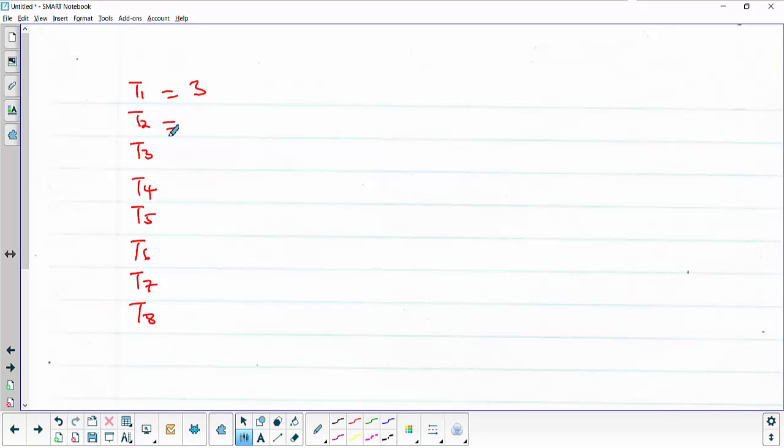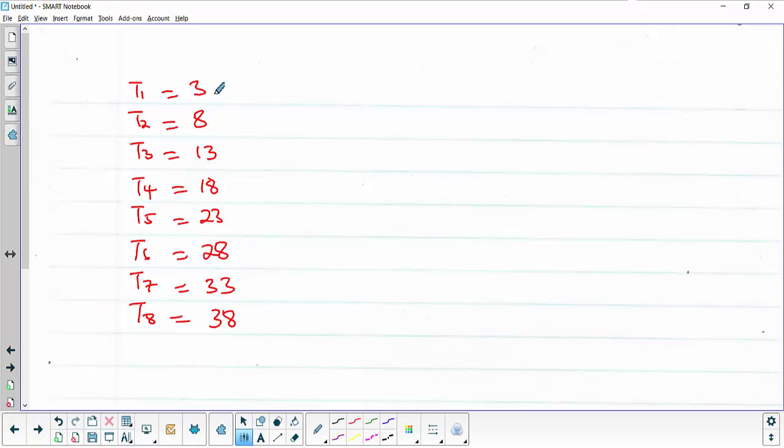Don't forget that the common difference is 5. T2 is going to be 8, and T3 is going to be 13. T4 is going to be 18. T5 is going to be 23. And T6 is going to be 28. T7 is going to be 33. And T8 is going to be 38.